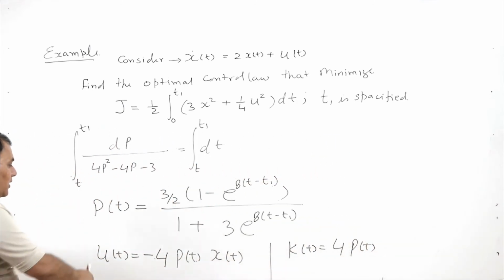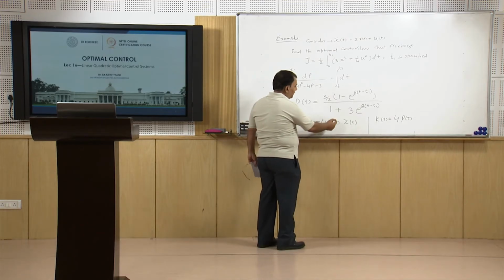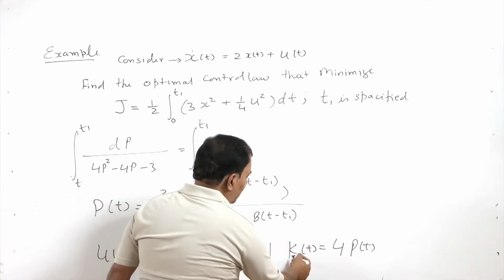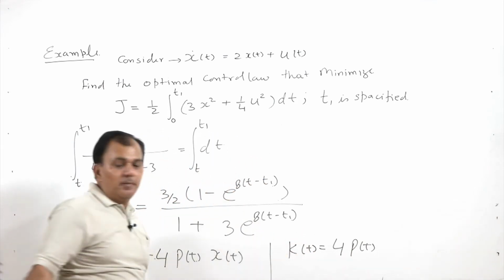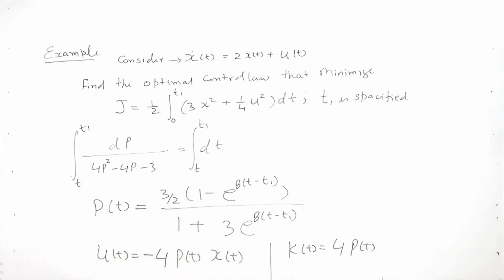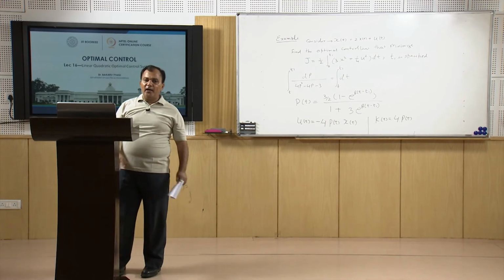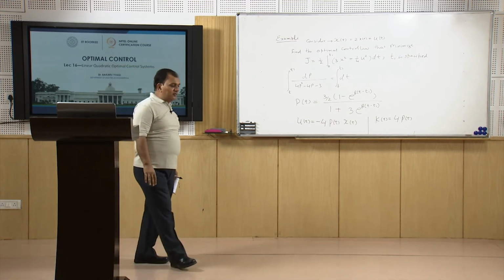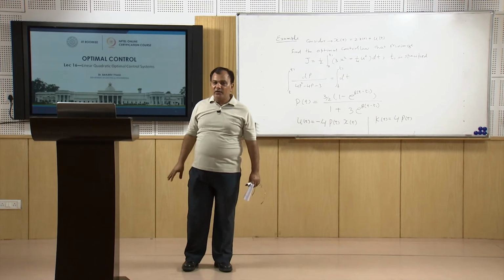So, this will give me my final control law. My u(t) is minus 4 P(t) x(t) and my K(t) is 4 P(t). So, in this way we can find the solution of the matrix differential Riccati equation.